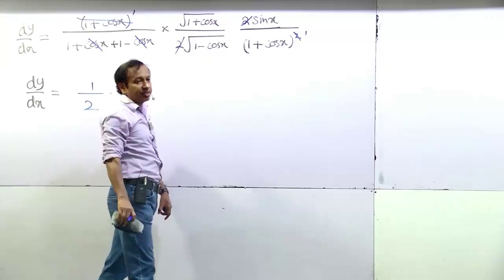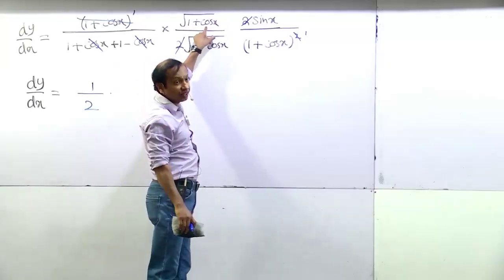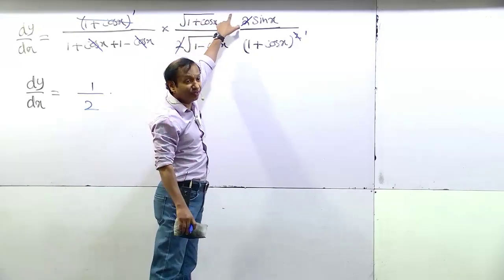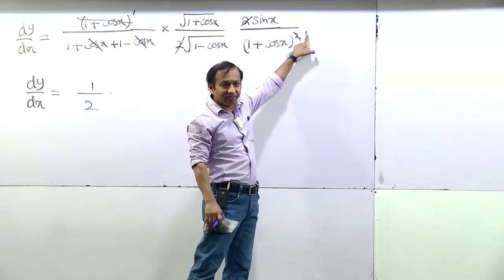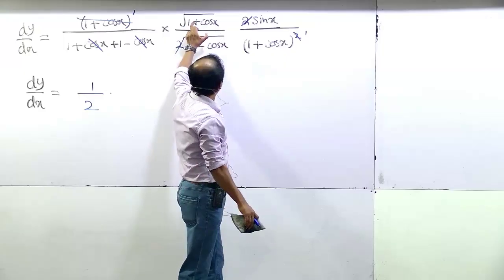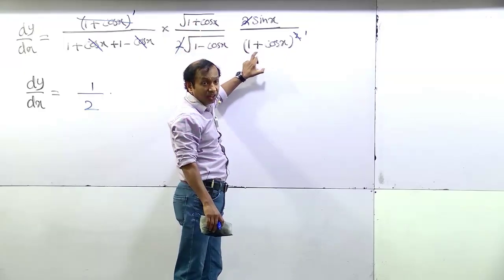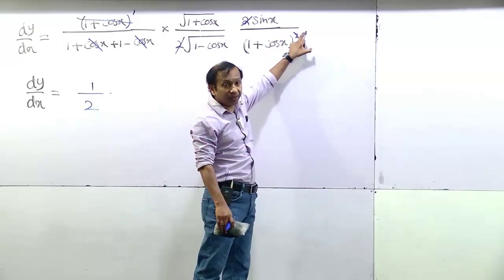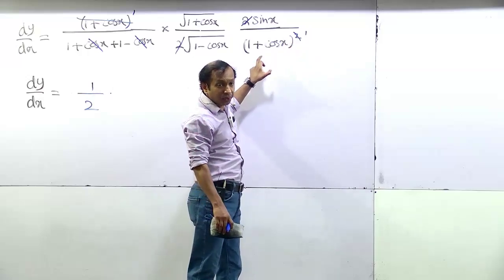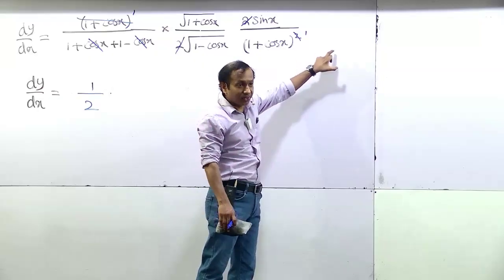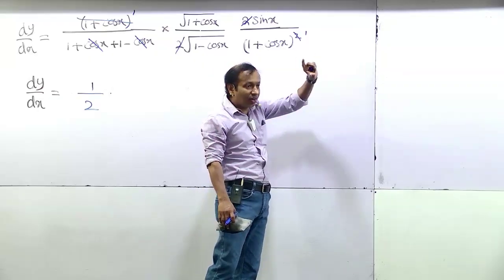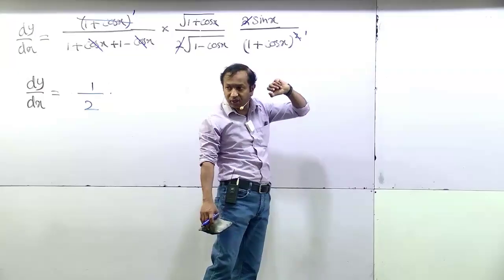Tell me another simplification here. 1 plus cos 6 root means what? Power half. Now what is the power here we have? 1 plus cos 6 power 1. Then simplification. Tell me this and this how to simplify? This 1 plus cos 6 power 1 we can write how? Root 1 plus cos 6 into root 1 plus cos 6. Is it clear? Root means power half, no? Half plus half is 1 coming.